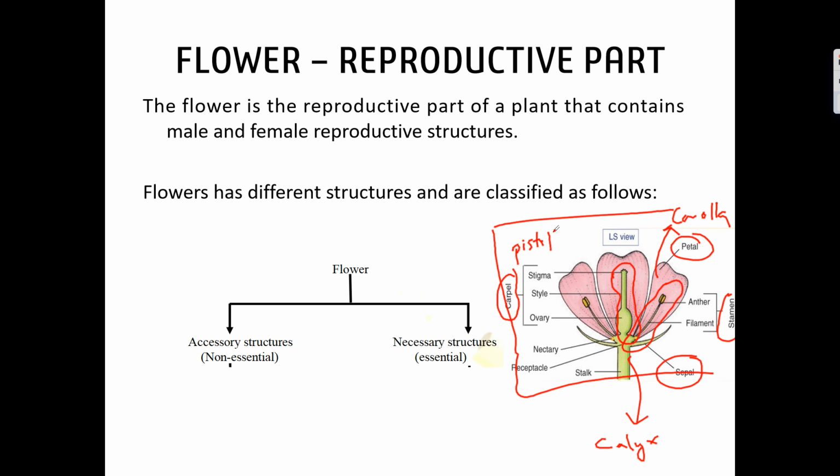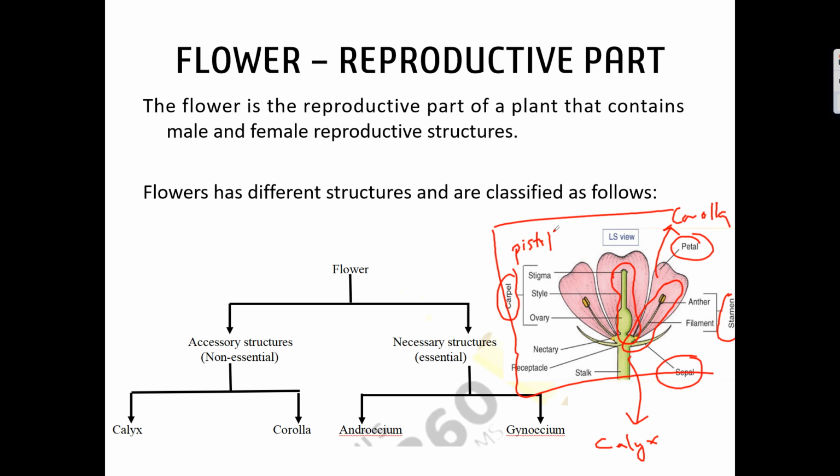Necessary means those which are required for the process of reproduction. Accessory means those which are not required for reproduction, but they help in the process of reproduction. The necessary structures are Androecium, the male reproductive structure, that is nothing but the stamen, and Gynoecium, the female reproductive structure, that is nothing but the carpel or pistil.